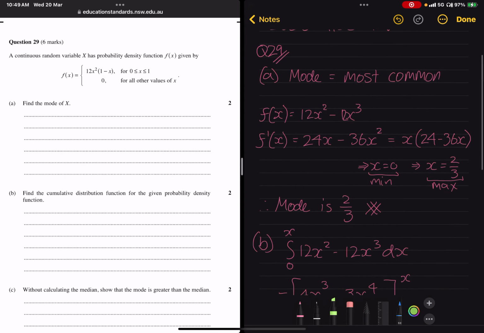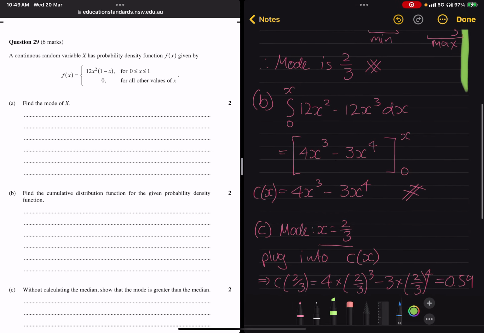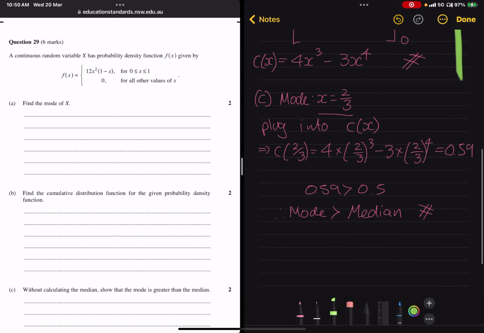So let's talk about the marking. In the first part, if you find a derivative or some equivalent merit, you will get 1 mark for part A. For the second mark, you'll have to get the mode. For part B, if you are able to somehow identify that a cumulative density is going to be an integral, this will get you 1 mark. To get the second mark, you have to have the correct cumulative density.